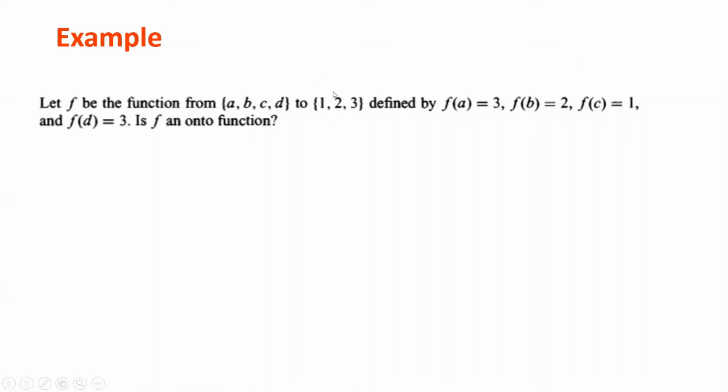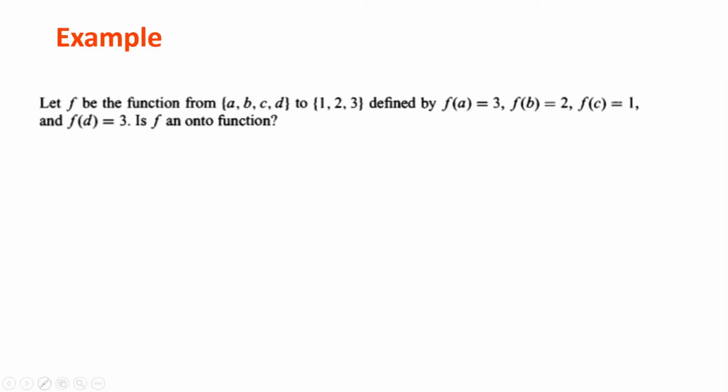By the definition, all the elements of the codomain, here 1, 2, 3, must be mapped with some element of the domain, A, B, C, D. Here 3 is mapped with some element, 2 is mapped with some element and 1 is mapped with some element. So all three elements are the images of some element of the domain, and this is an onto function.